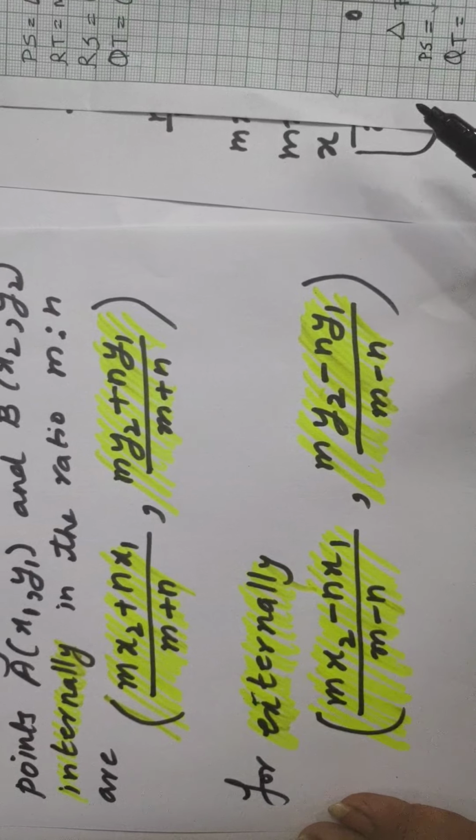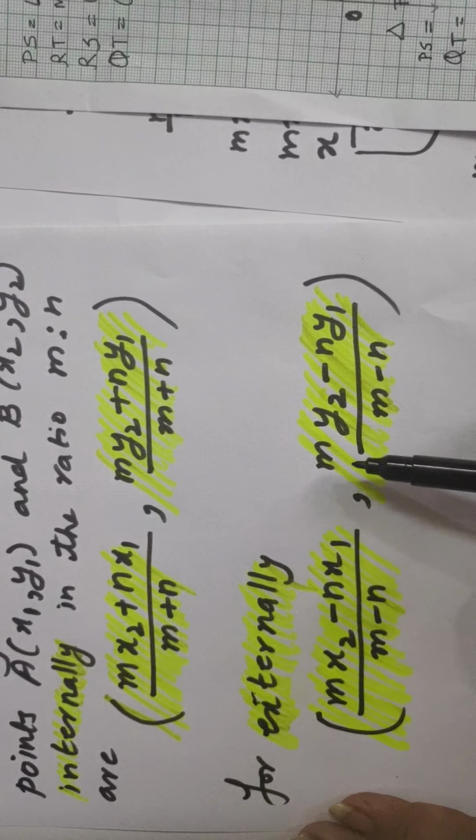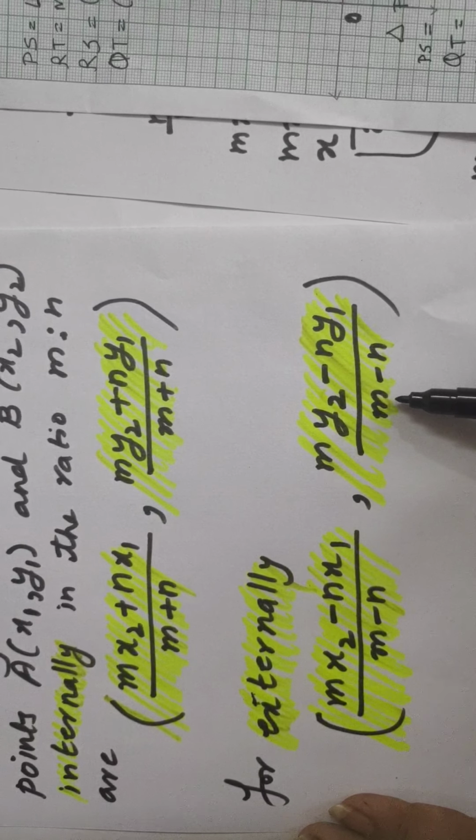And when it is external, it is (mx2 minus nx1) upon (m minus n), (my2 minus ny1) upon (m minus n).